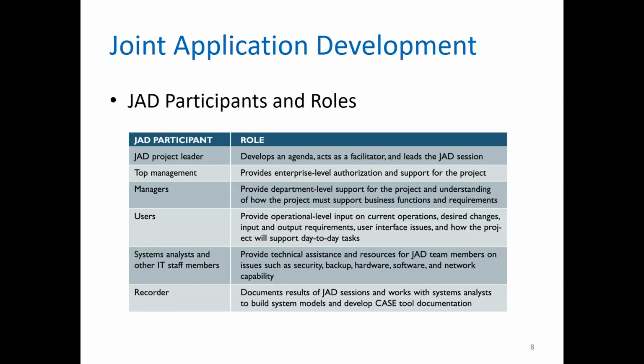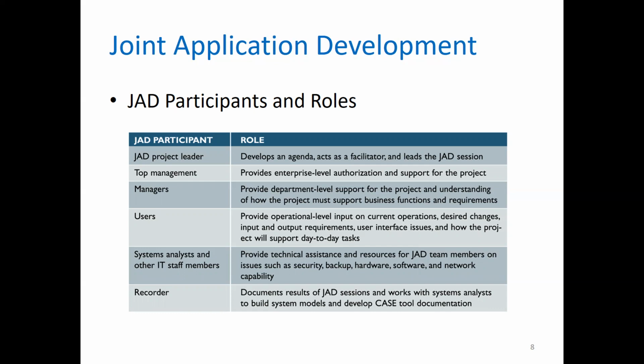And then we have the roles of the participants in JAD. You have a project leader, who develops an agenda and acts as a facilitator. A facilitator is the person who leads everything and leads the JAD session. Top management provides enterprise-level authorization and support for the project.